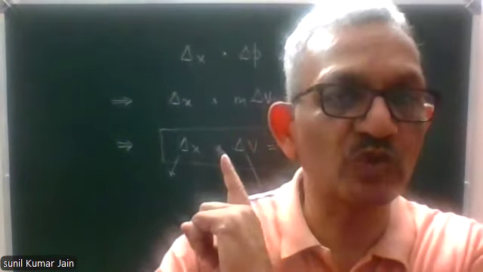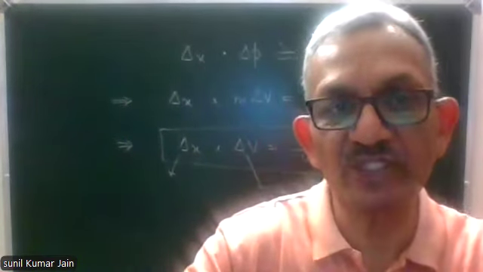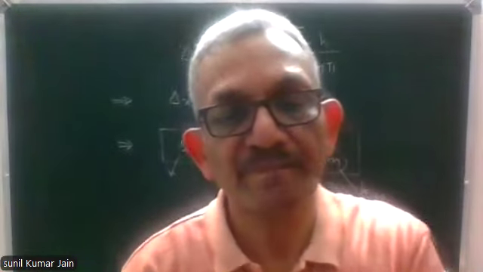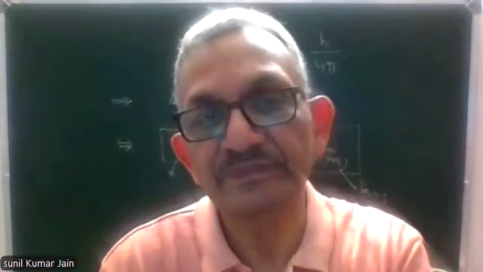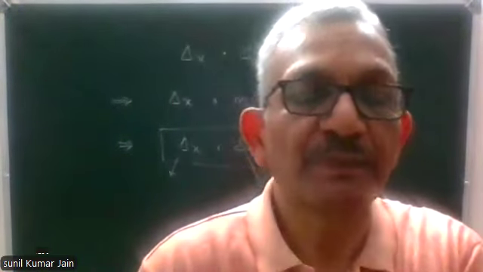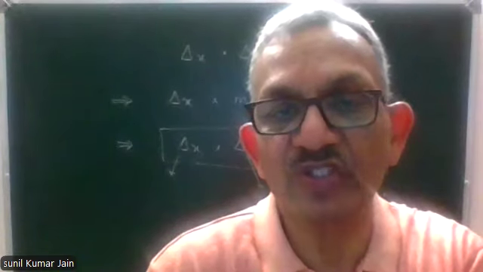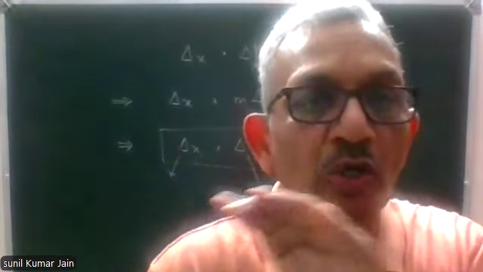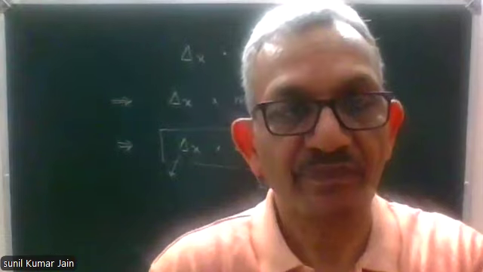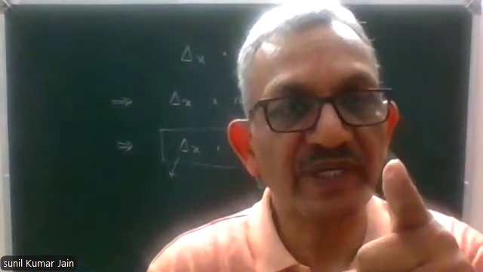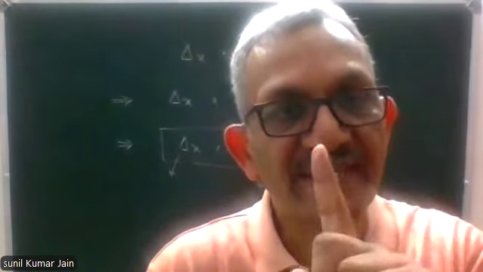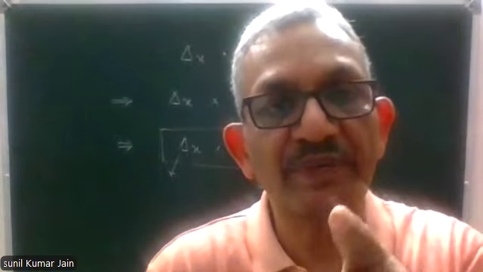This equation shows that if the position is determined almost accurately, not accurately, right? When I say almost accurately, it means the position is determined with minimum error.